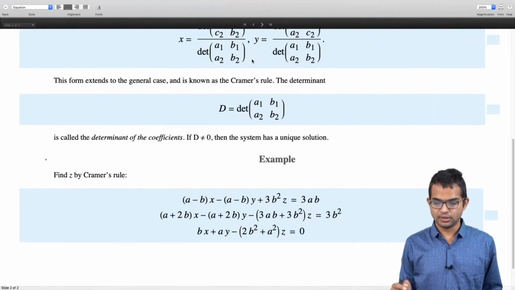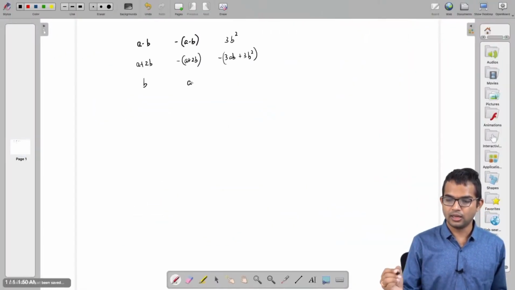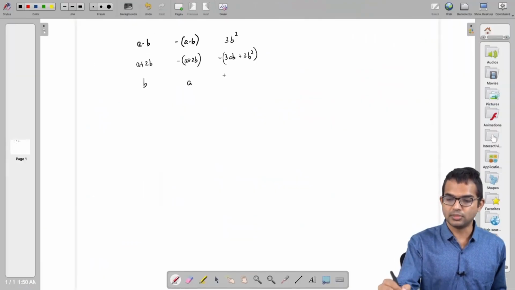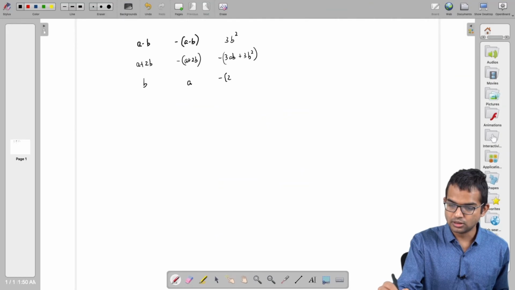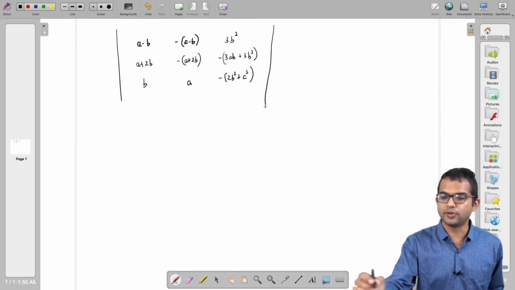And then I have b, a and b, a and minus 2b squared plus a squared, minus 2b squared. So I need to find this determinant, and then I also need to find another determinant.